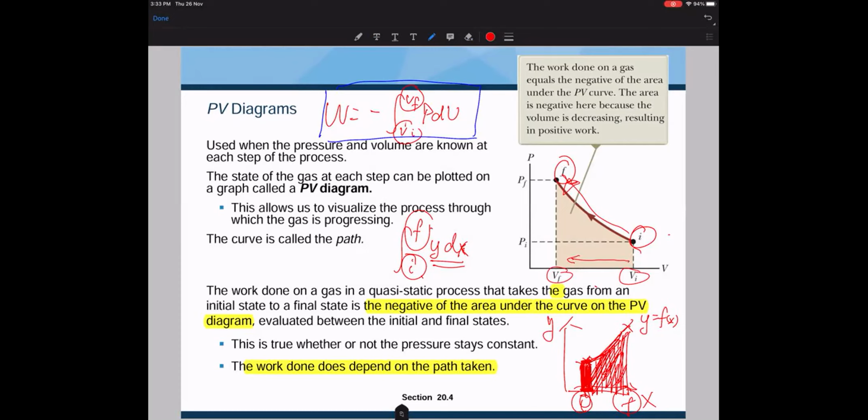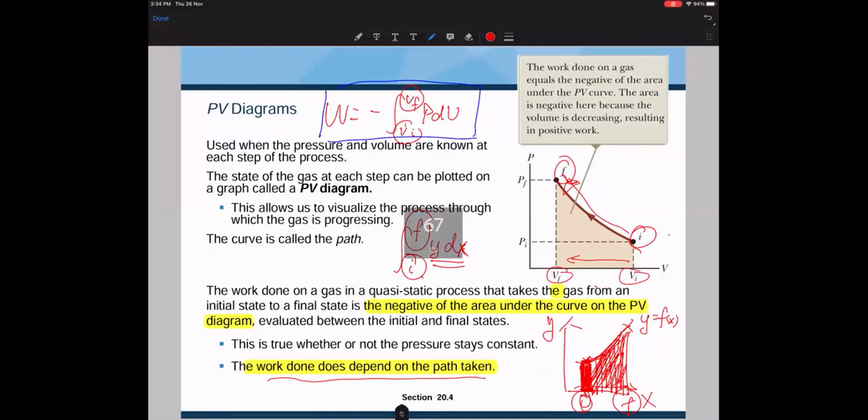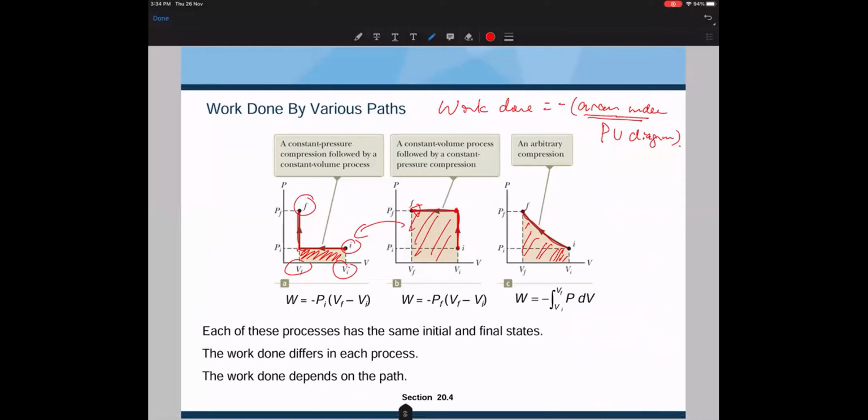That is the mathematics. So the work done is related to the area under the curve. And as we showed, the work done depends on the path taken. It varies a lot if you are doing the work along different paths, even though they have the same initial and final states. So that is something very important to remember.